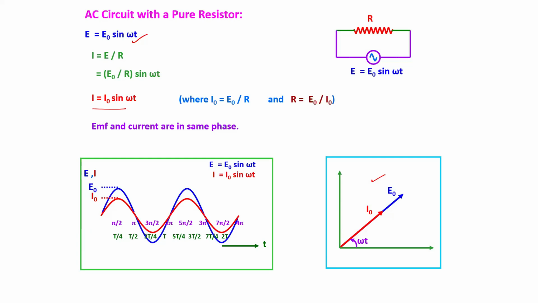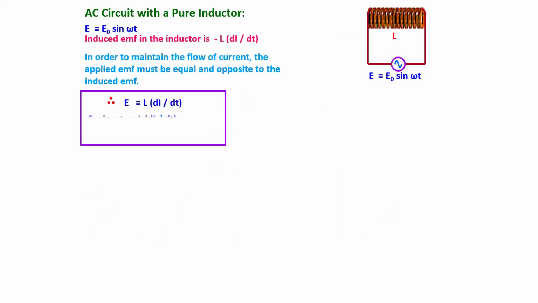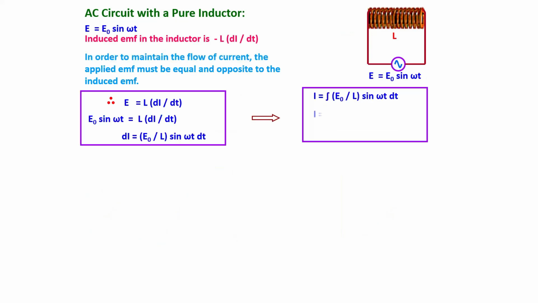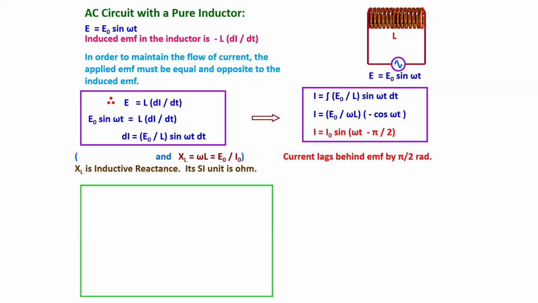So now I'm going to show you the value of voltage, or as we can say EMF, and current when a pure inductor is connected in series. So here we can say the value of the current in the case of inductor circuit will be I is equal to I naught sine omega t minus pi over 2.